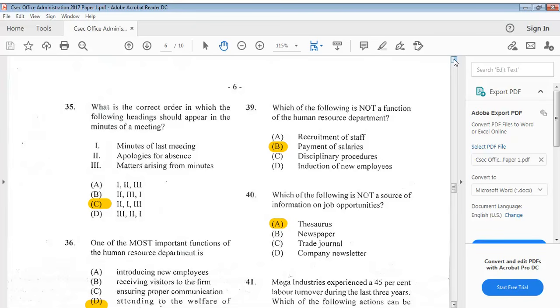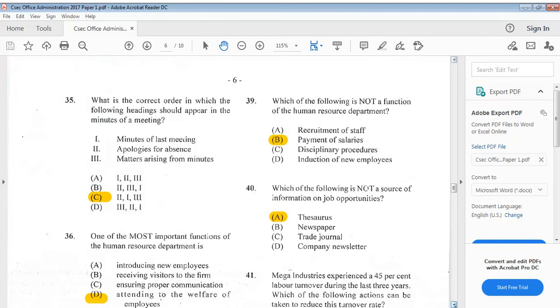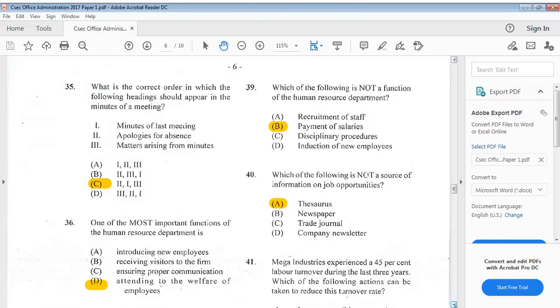Or D. Induction of new employees. Right? So it says not a function of the Human Resource Department. The Human Resource Department does not pay out salaries. So our answer would be B, payment of salaries. You know, the payroll takes care of that.